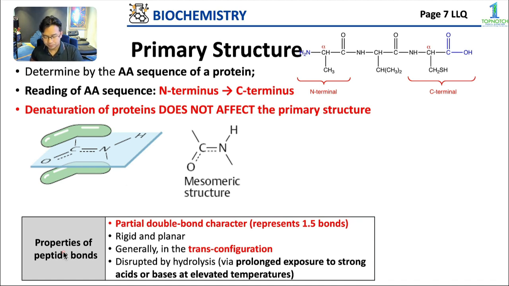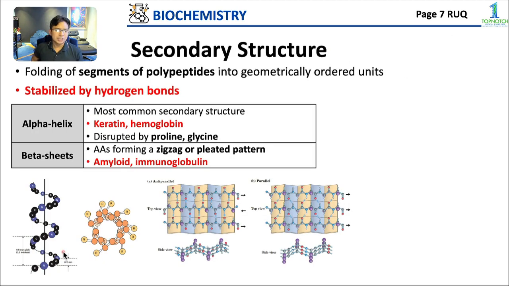More on that later. In secondary structure, these are stabilized by hydrogen bonding and can form two major structures: an alpha helix, most commonly seen in keratin and hemoglobin, and beta sheets, which are seen in amyloid and immunoglobulin structures. They are only formed or stabilized by hydrogen bonding.